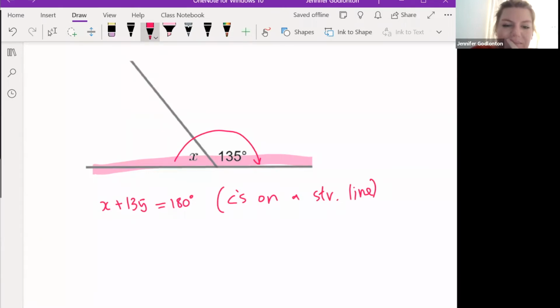X is equal to 180 subtract 135. Good. So what would X be equal to? May I please calculate quickly, ma'am? Of course, absolutely. X is equal to 45. Yes, well done, sweetheart. You did so well. Nice job.